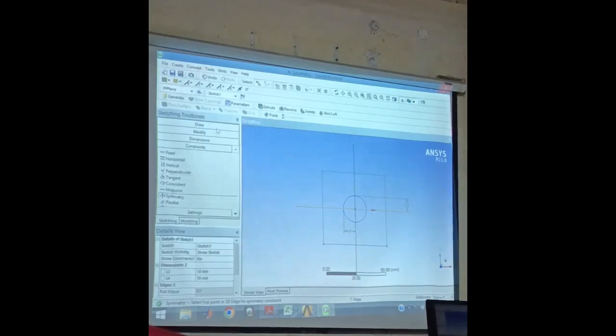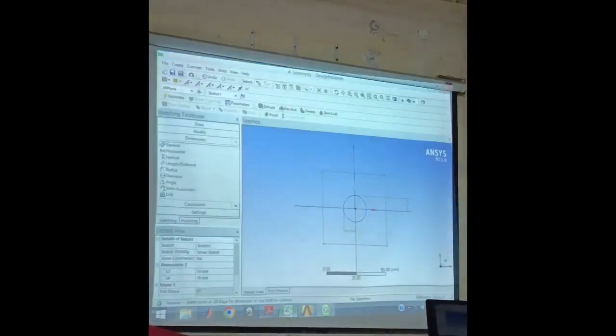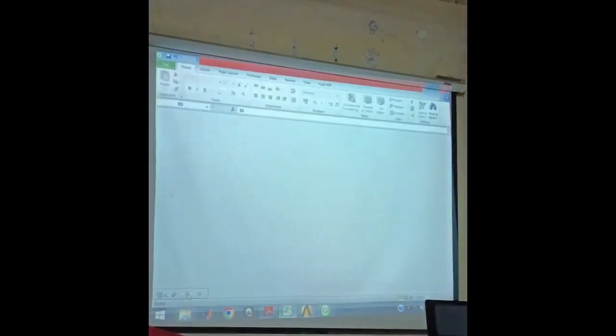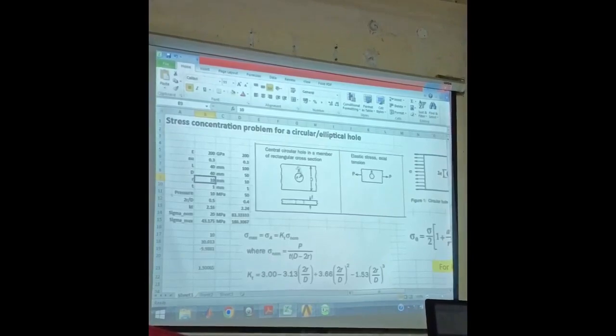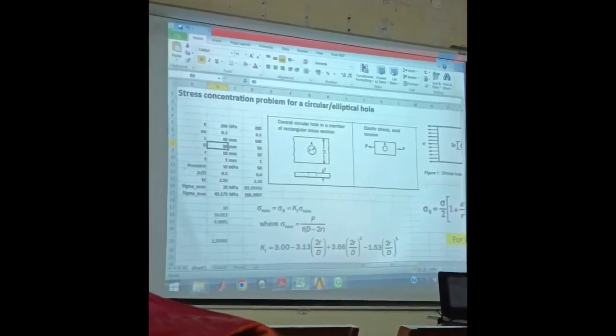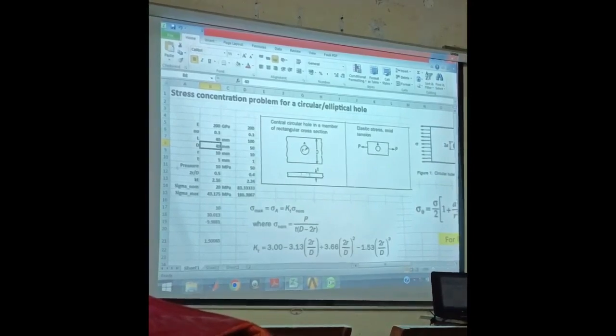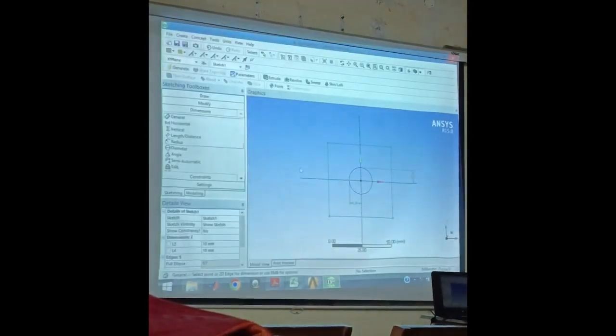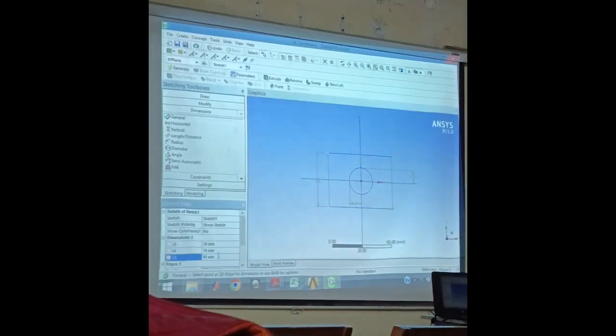Now let me give the dimensions. So this length was 40 entire. So what we will do? This dimension is 40, and let it be.